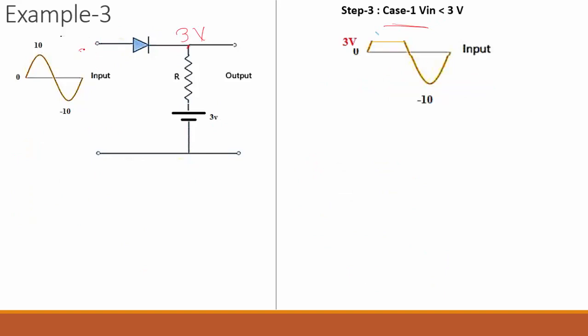I will apply 2.9, 2.9 to minus 10 and minus 10 to 2.9 again. So here is the 3 volt. Now if I apply plus 2.9 to minus 10 volt and minus 10 to 2.9, this diode remains in reverse bias. So what is the equivalent circuit?